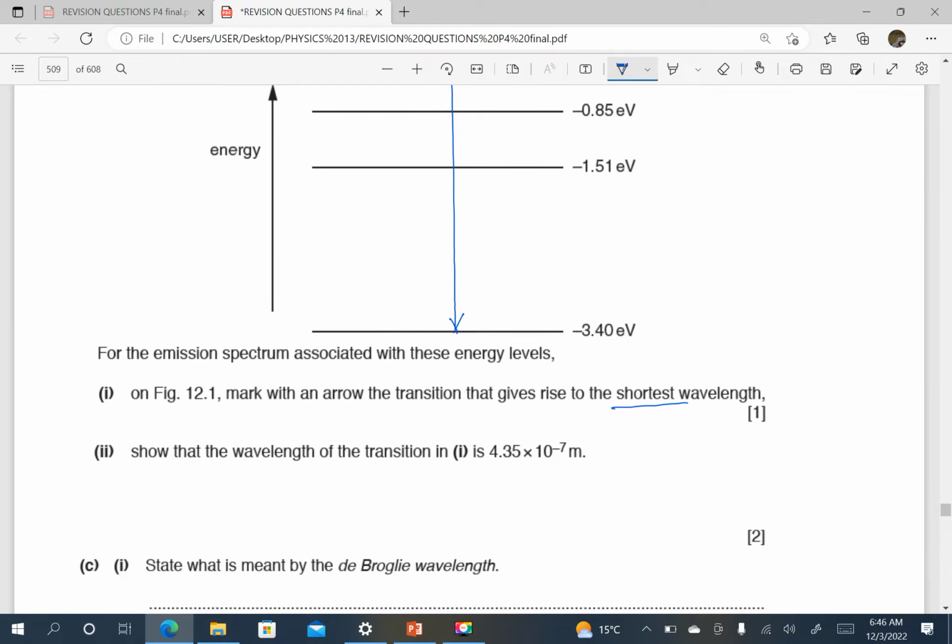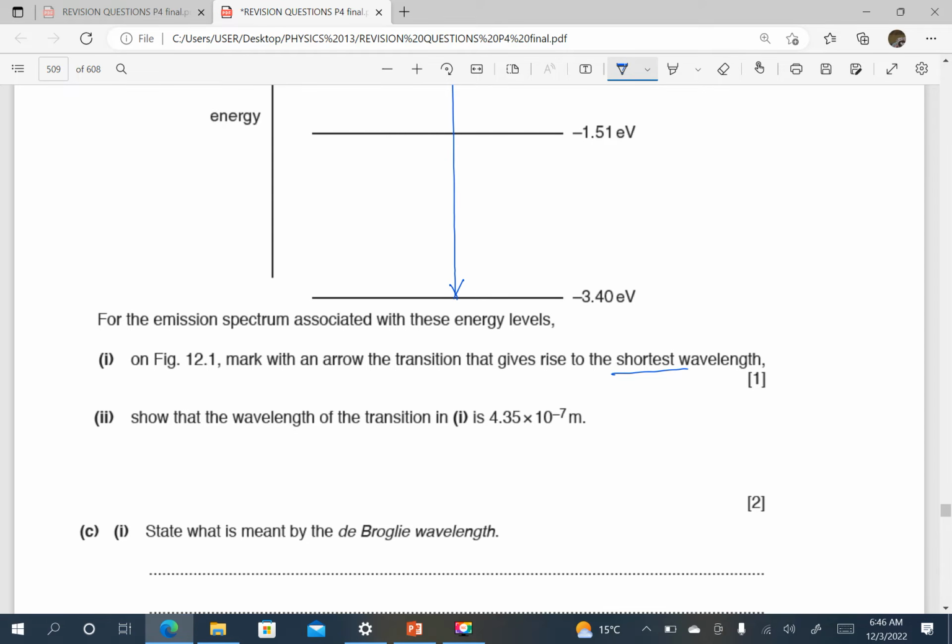Show that the wavelength of the transition is 4.35 times 10 power negative 7. Since we know that energy is equal to hc over lambda, the wavelength is going to be equal to hc over the change in energy. So the wavelength is h, which is 6.63 times 10 power negative 34, c is 3 times 10 power 8, divided by the change in energy.